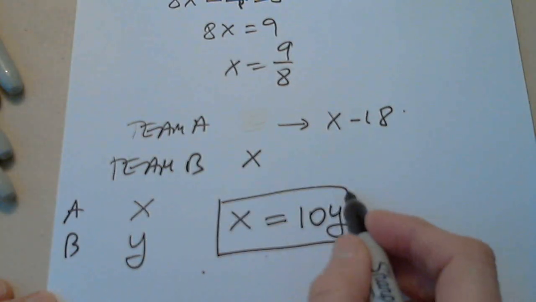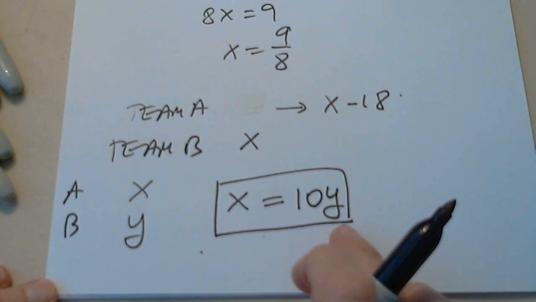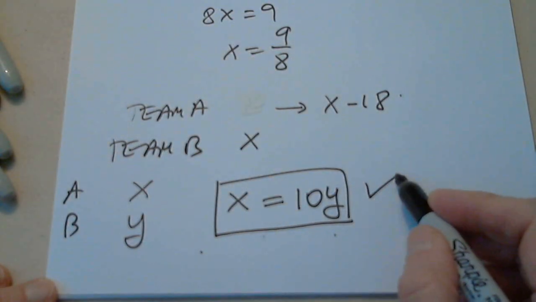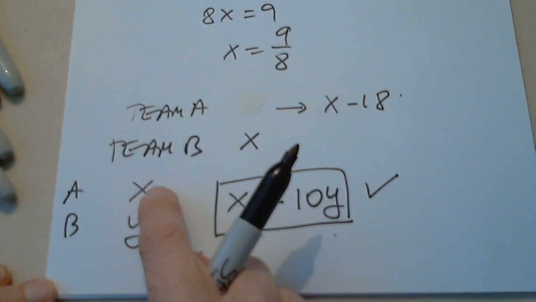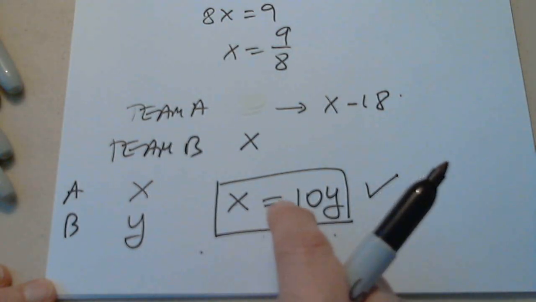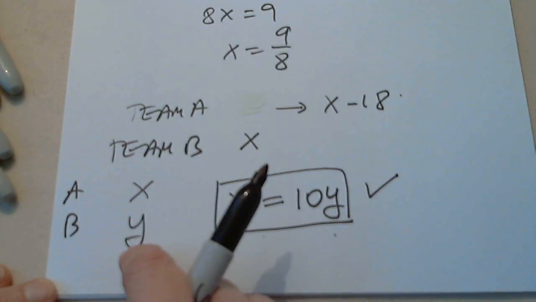Very good. What if they ask us to write Y? How will you solve this equation for Y? The exports of X is 10 times Y.